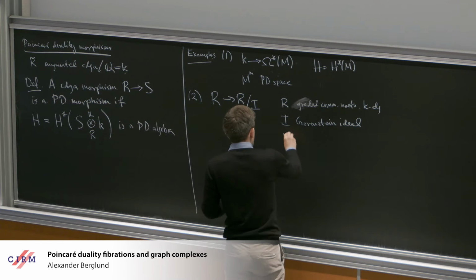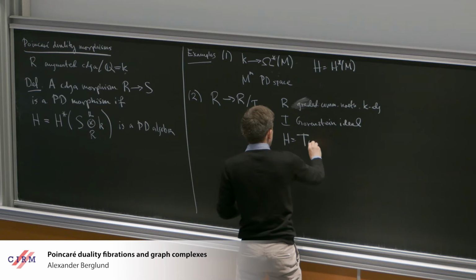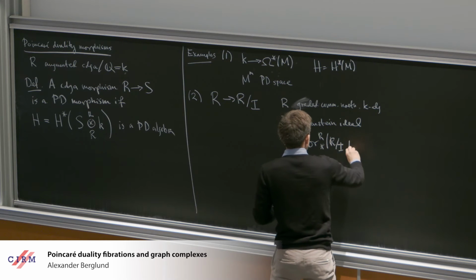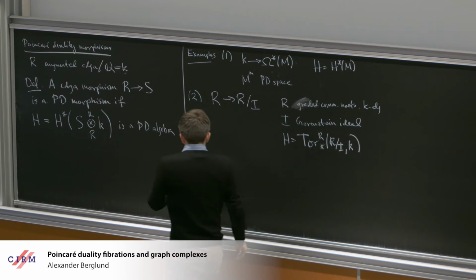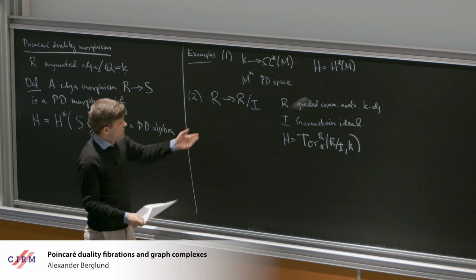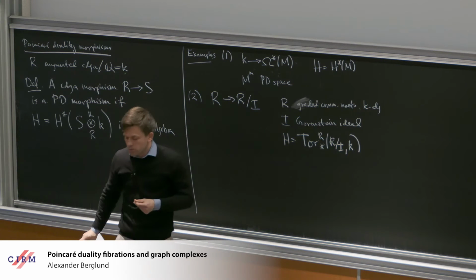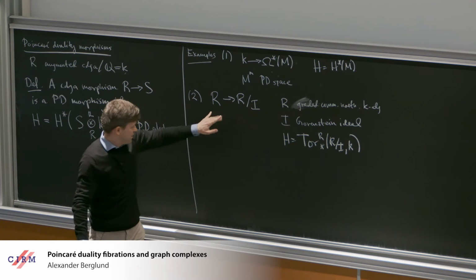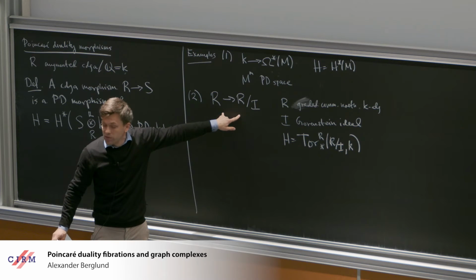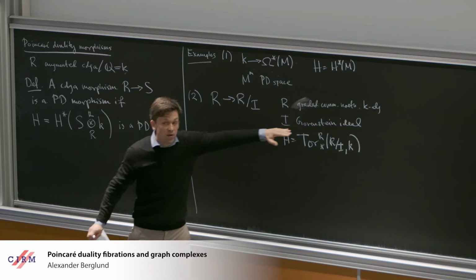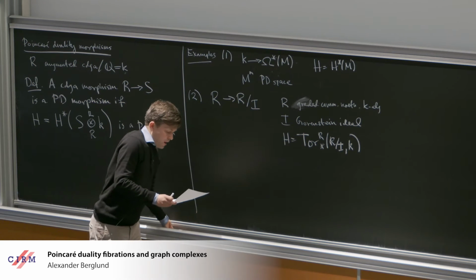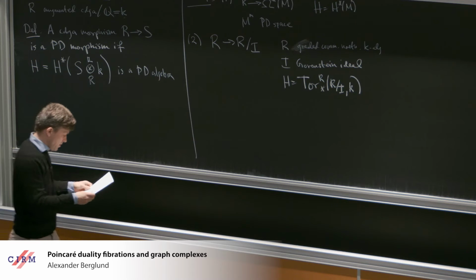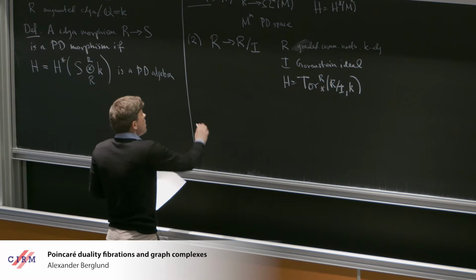The cohomology of the fiber in this case will be the Tor algebra. And by a theorem of Avramov and Golod, I is a Gorenstein ideal if and only if this morphism is a Poincaré duality morphism. You can use that as a definition of Gorenstein ideal. And there are plenty of such ideals. This is something people in commutative algebra study a lot.